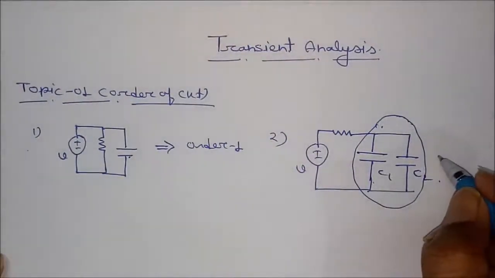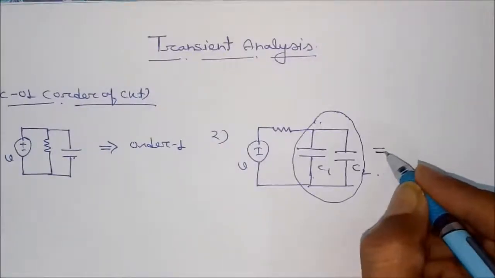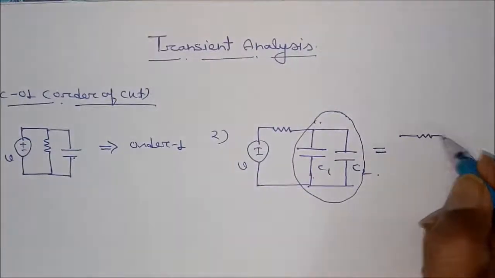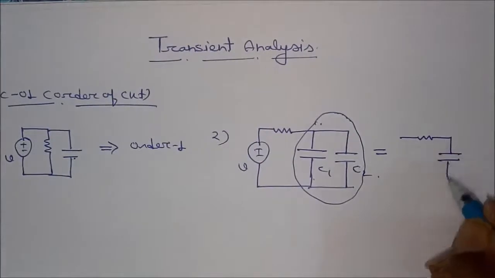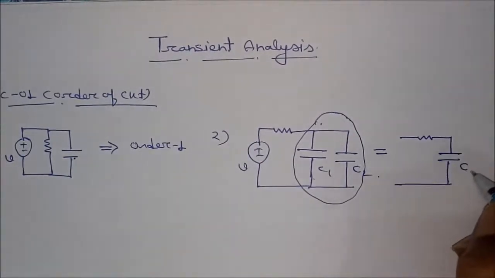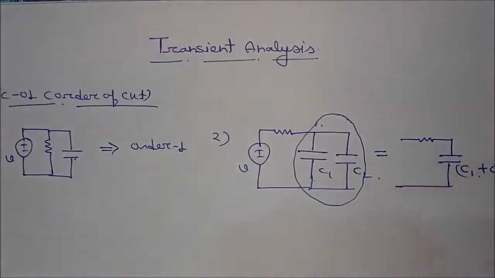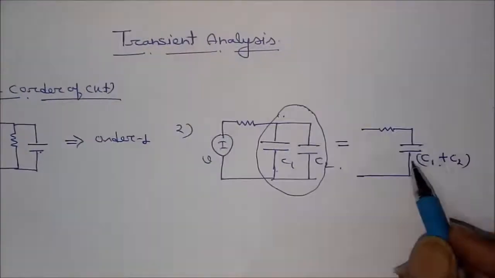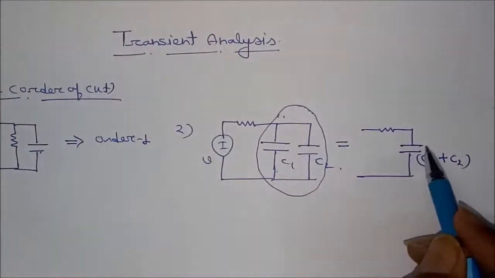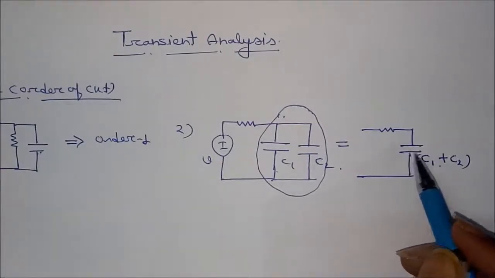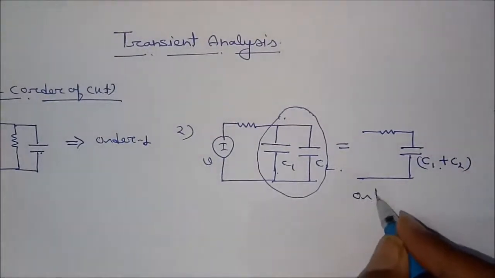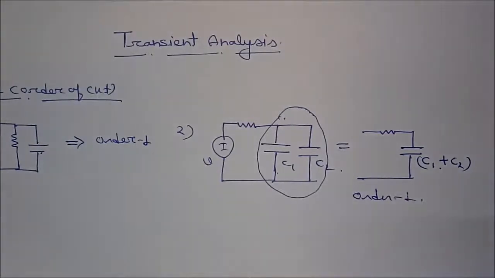So this circuit will reduce to R and a single C, which will be C1 plus C2. So its order is how much? There is only one equivalent capacitor, so the order will be 1.